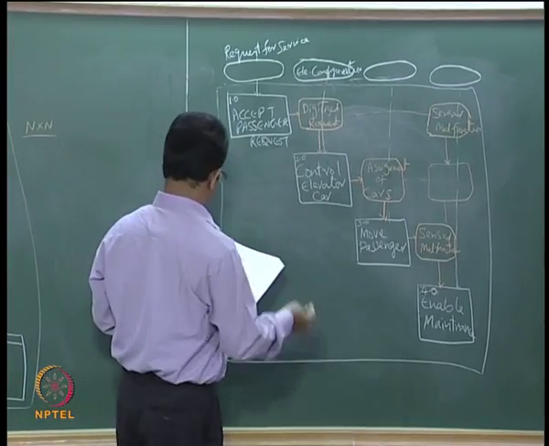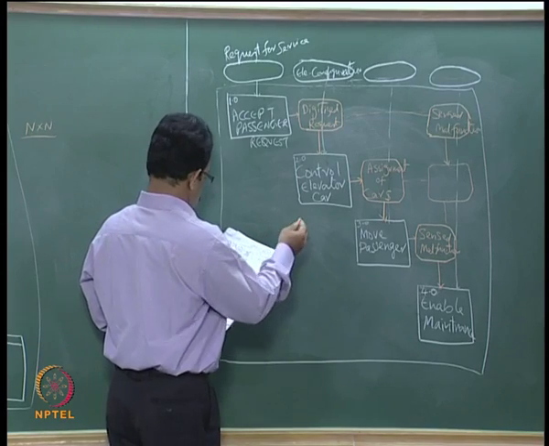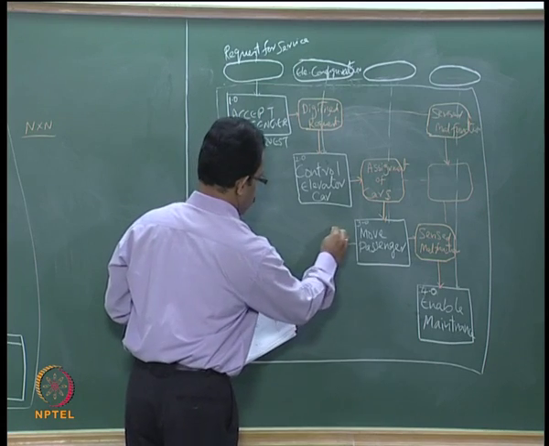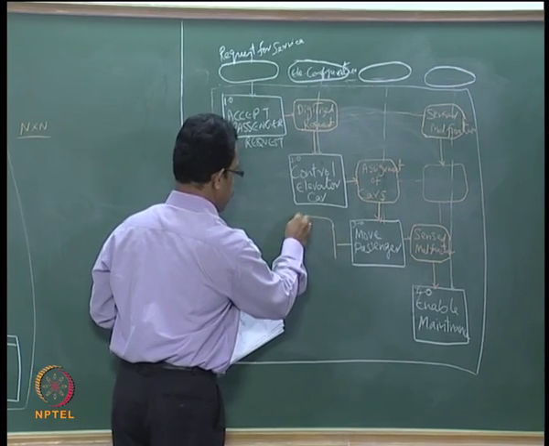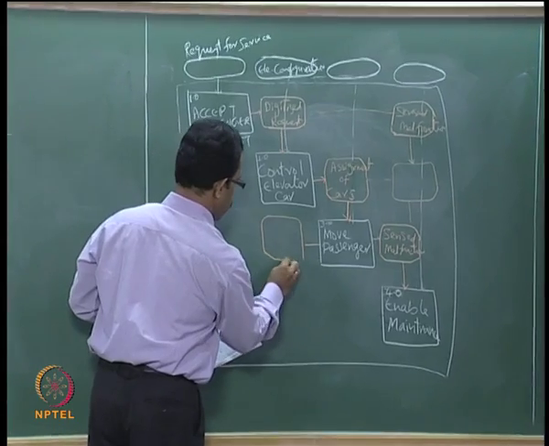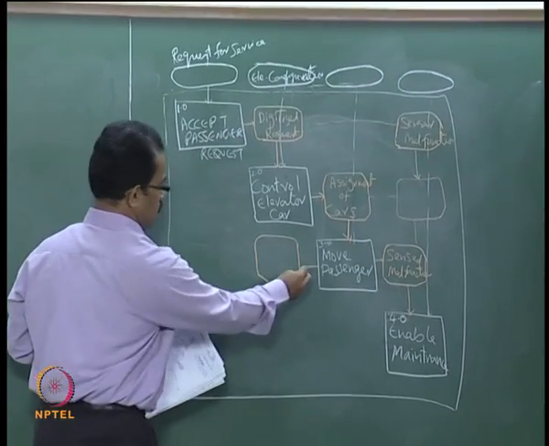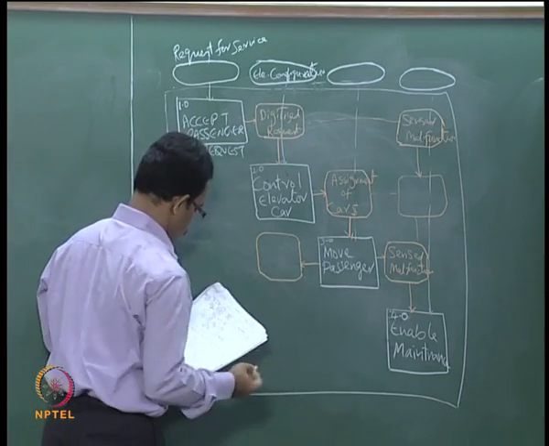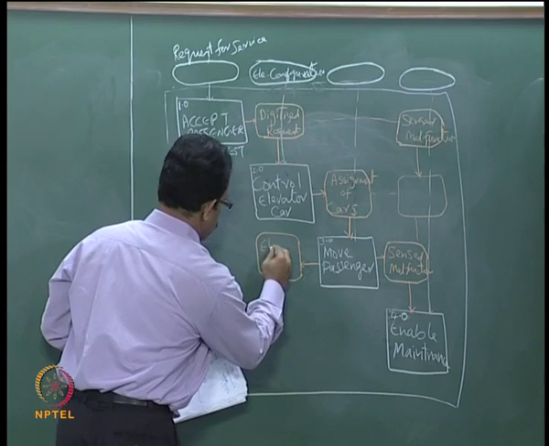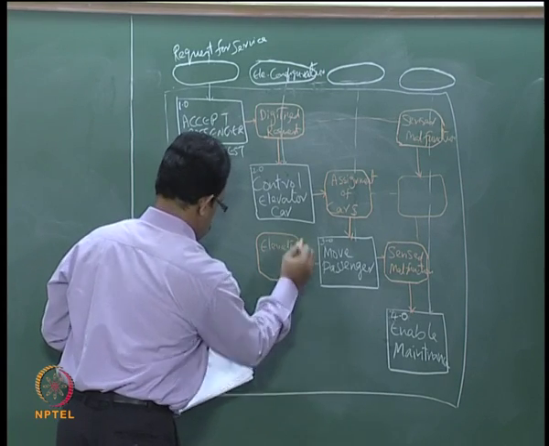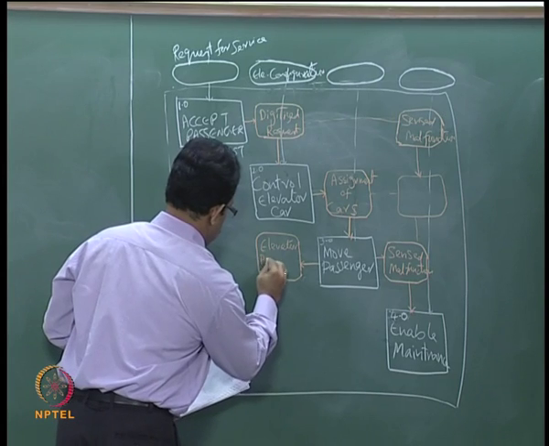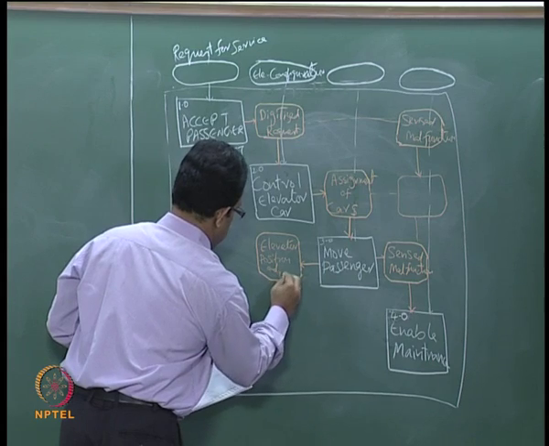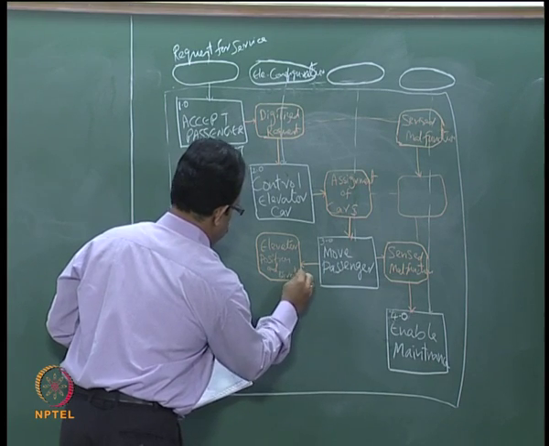Similarly, there will be some kind of feedback coming here also. From move passengers, the output from here will be the present position of elevator, because we need that information to provide the output or the feedback to the passenger. So whenever there is a movement of passengers, the position of the elevator will be given as feedback. So elevator position and direction of motion will be given as an output.